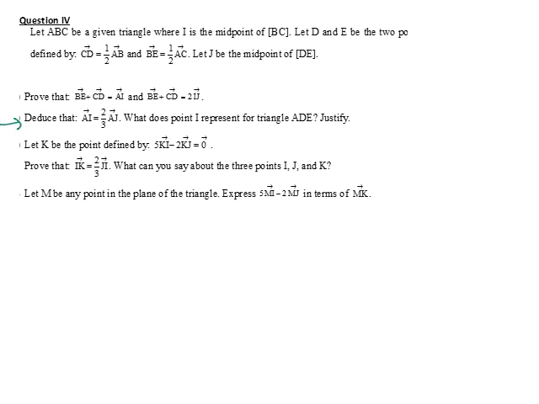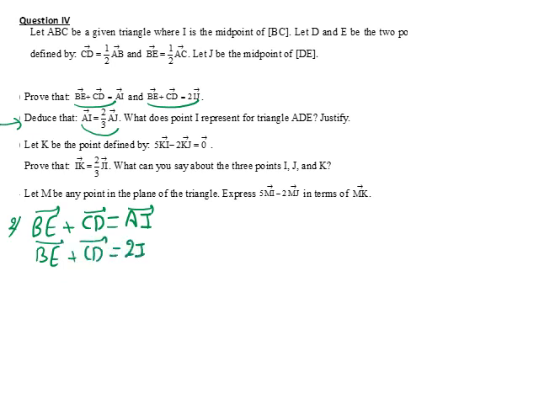Now deduce that AI equals 2 over 3 AJ. We have BE plus CD equal to AI from part 1, and BE plus CD equal to 2IJ. So we conclude that AI equals 2IJ. We want a relation between AI and AJ, not IJ.